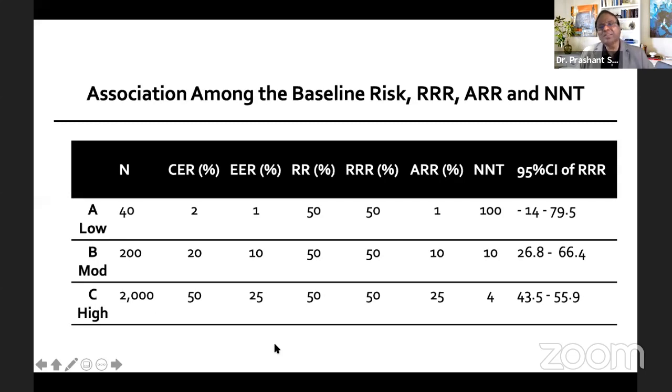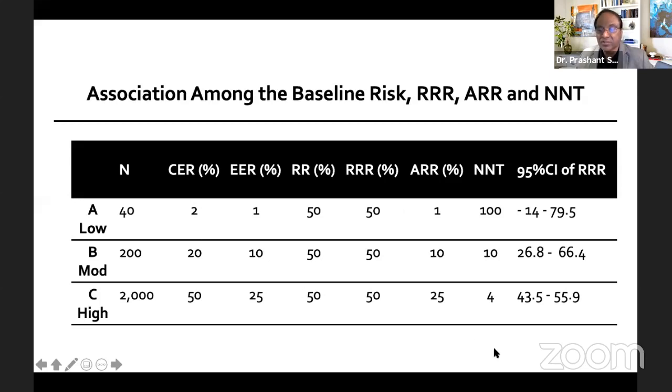So if you have to decide whether to use thrombolytics or not, what type of patient you will choose and what type of patient will benefit more from using thrombolytics. Definitely the patient with high risk, because there is a 25% risk reduction. Okay, whereas in low risk patient, it's only 1% risk reduction compared to the placebo.